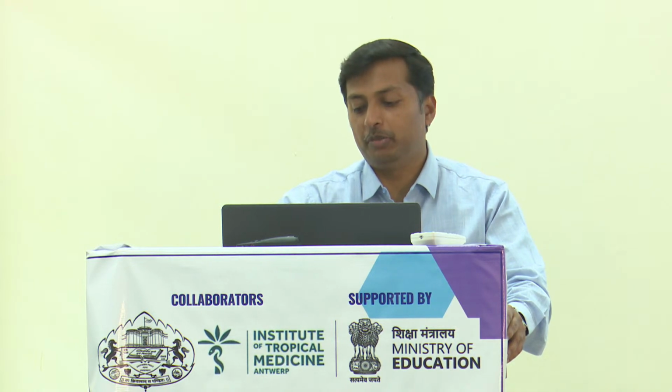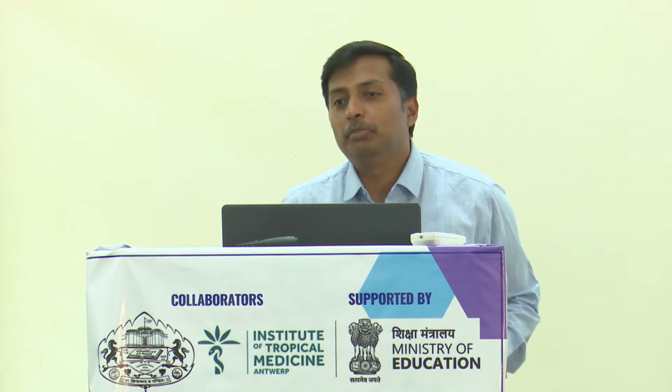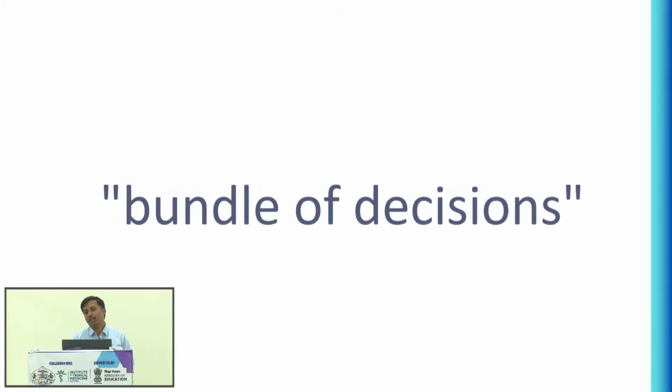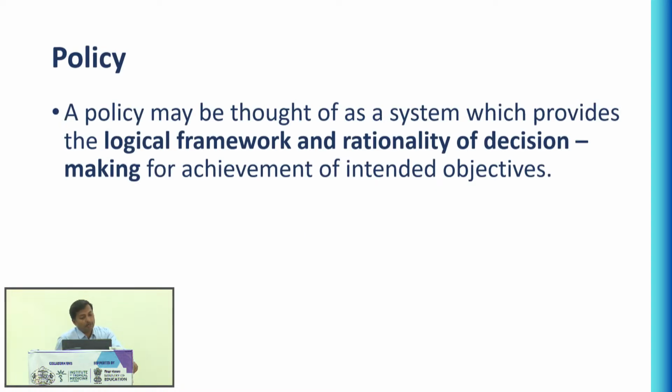It has some kind of a purpose. Okay. So the simplest definition I will give, it's a bundle of decisions. It's not one particular decision, but a bundle of decisions. And as one of you has rightly said, a policy may be thought of as a system which provides the logical framework and rationality of decision making for achievement of intended objectives.